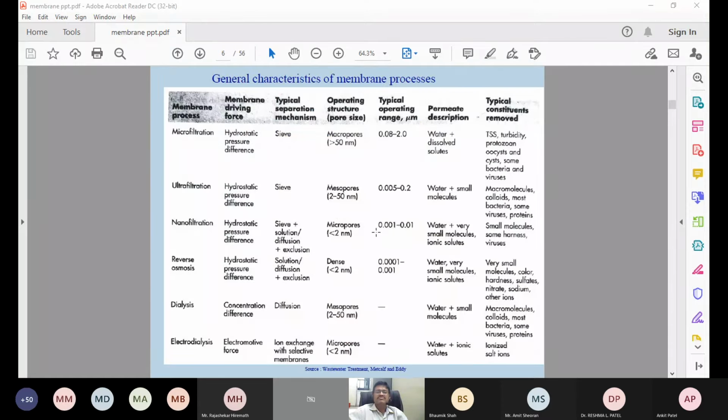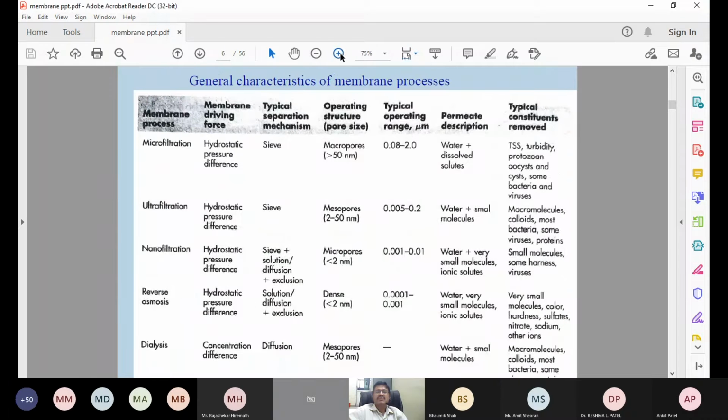So if we see the general characteristics, in microfiltration the driving force is the pressure difference, and the separation mechanism is sieving. I have already told you that macro pores are there. As you know, we use a sieve in our house also for removing the coarse content, like for making maida from atta.